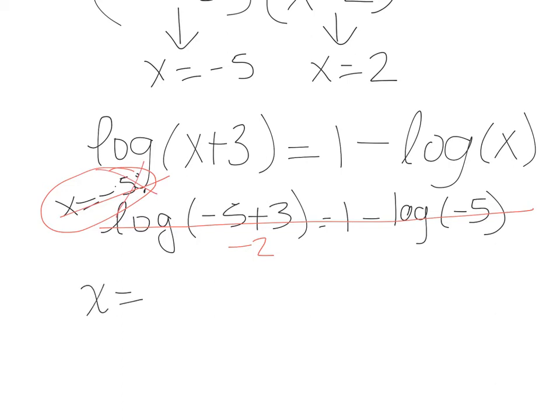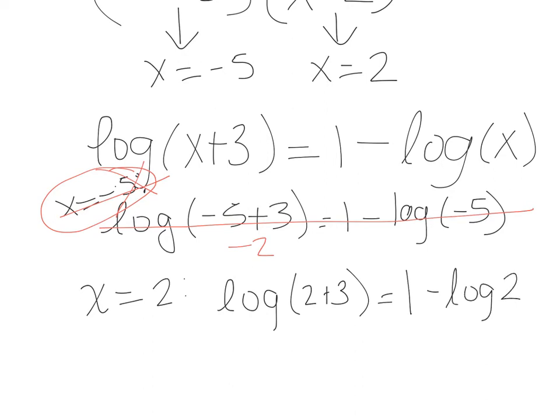Now let's check x equals 2. Okay, so we're going to say log of 2 plus 3 should equal 1 minus the log of 2. So this is basically the log of 5 should equal 1 minus log of 2.